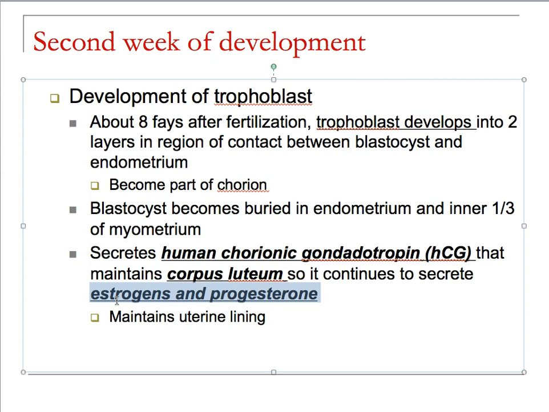And in doing so, it makes sure that the vascularization of the uterine lining is maintained, okay?